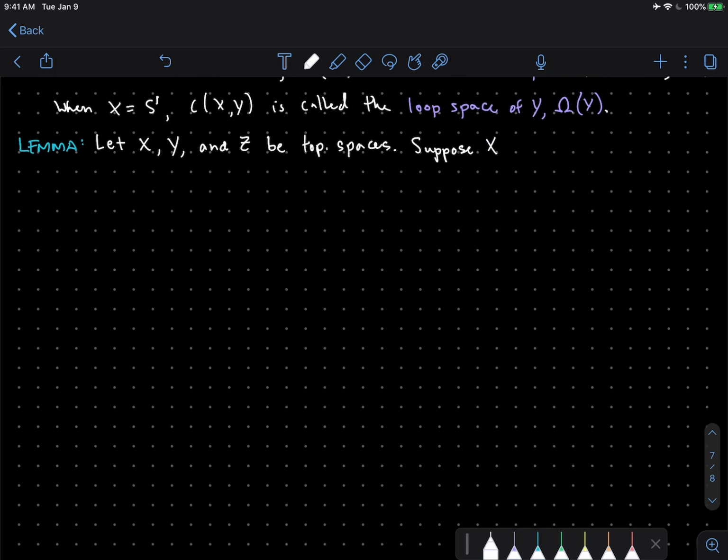Suppose that Y and Z are Hausdorff, and X is Hausdorff and locally compact.